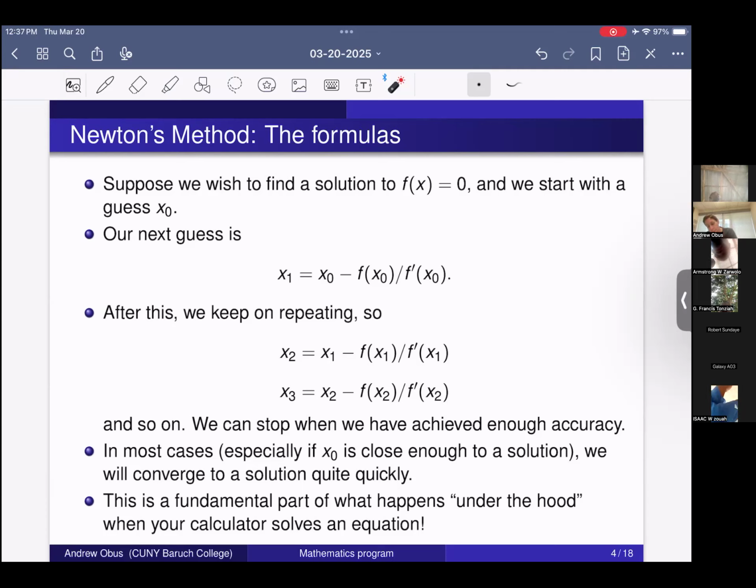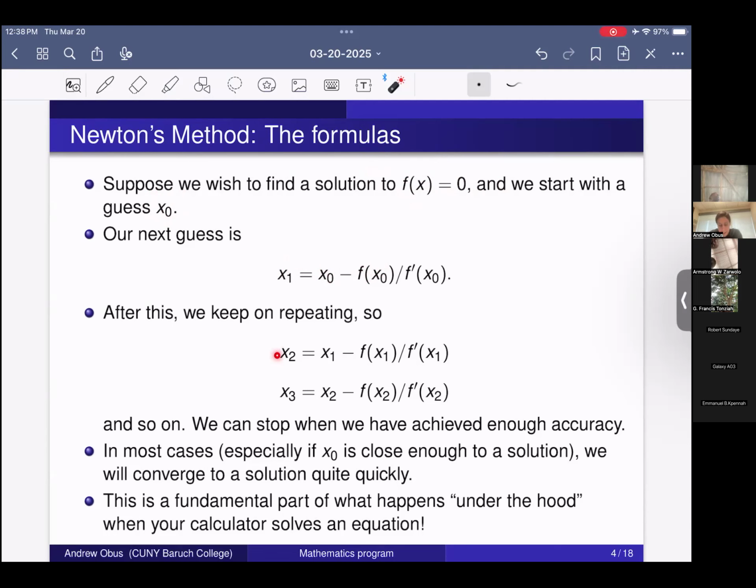So the idea is if you have an equation f of x equals 0 and you want to solve it, you start by taking a guess that's maybe close to a solution. And then what we showed last time is that you can keep getting new guesses by doing this procedure. If x0 is your first guess, then your second guess is x0 minus f of x0 divided by f prime of x0.